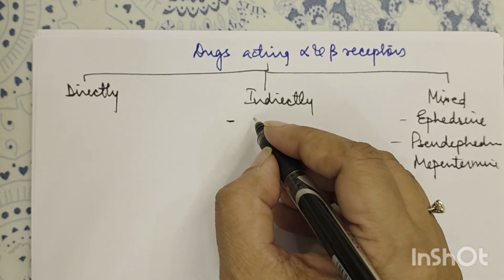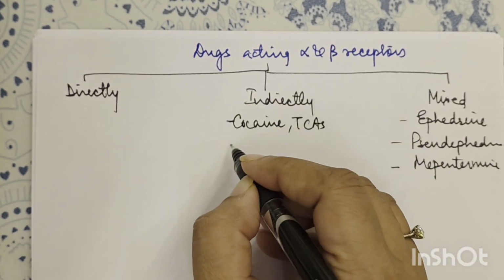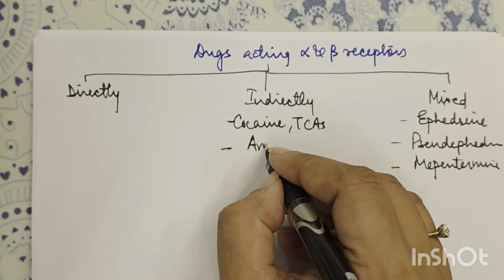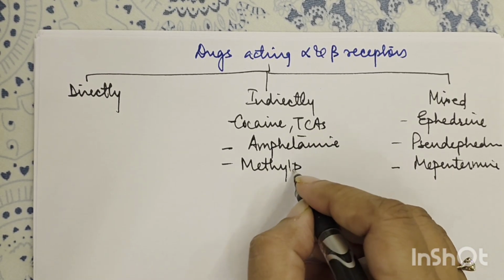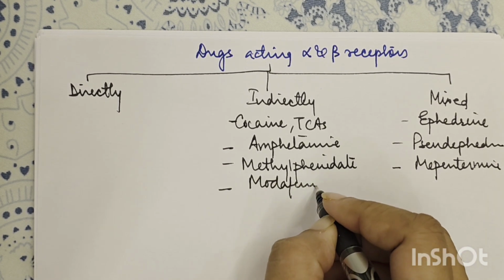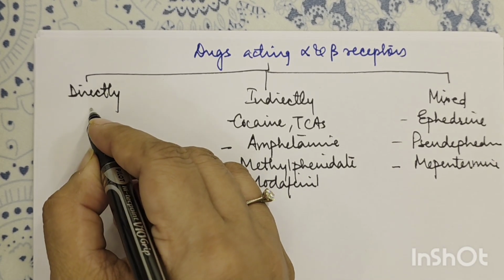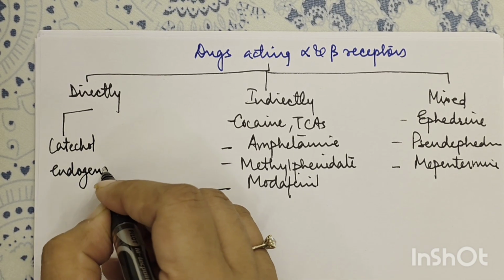In indirectly acting we have reuptake inhibitors like cocaine and TCAs. Then we have drugs which cause displacement, that is amphetamines, methylphenidate, and modafinil.